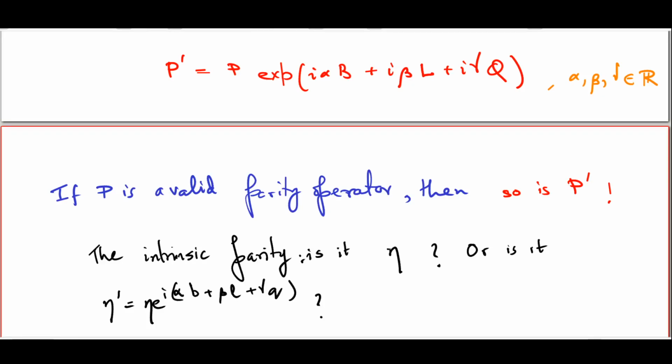What is obvious here is that eta started out as a phase factor and eta prime, this new intrinsic parity, the one corresponding to P prime, will also be a phase factor, a complex number with magnitude 1. Since we have a freedom to choose these three real numbers alpha, beta and gamma, we can actually exploit that to make eta prime as simple as possible.